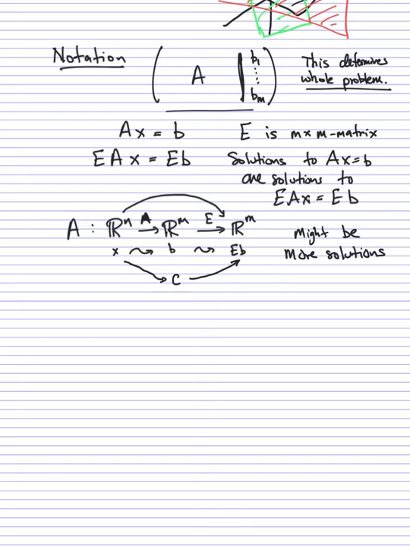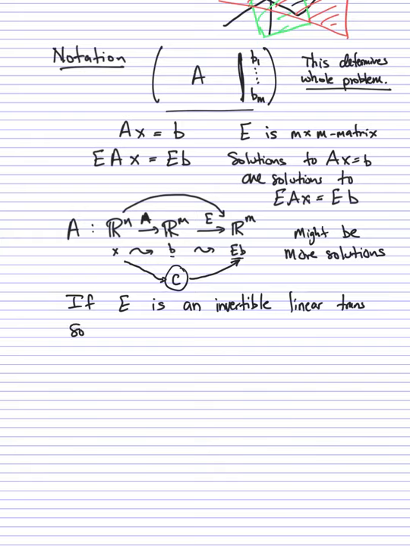On the other hand, if E is an invertible matrix, so an invertible linear transformation, then there are no more c's. The only thing that gets sent to Eb is b.